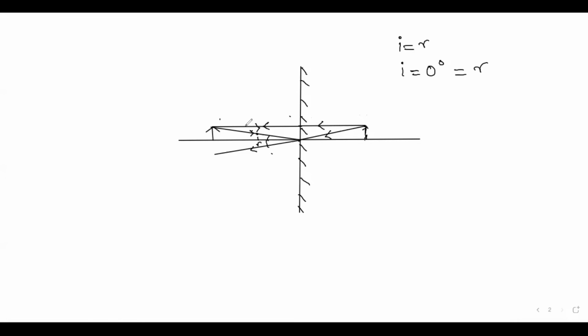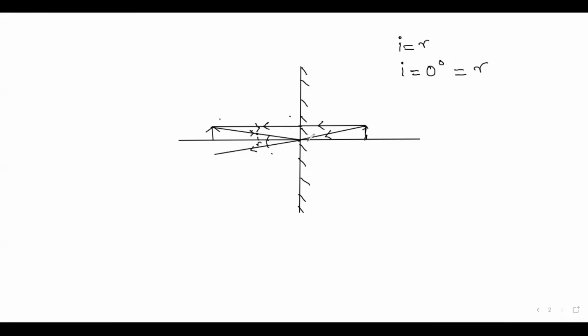What happens here is that the incident ray is coming in a straight line and the reflected ray is going in a straight line, and the incident ray is coming at an angle of I from the principal axis, and it is reflected at an angle of R from the principal axis.